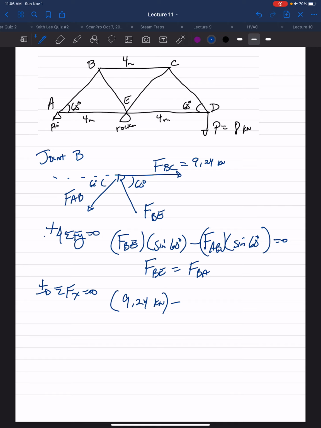So in the x direction, we have the 9.24 in the positive x direction, minus your FAB in the negative x direction, and we need cosine, minus your FBE.